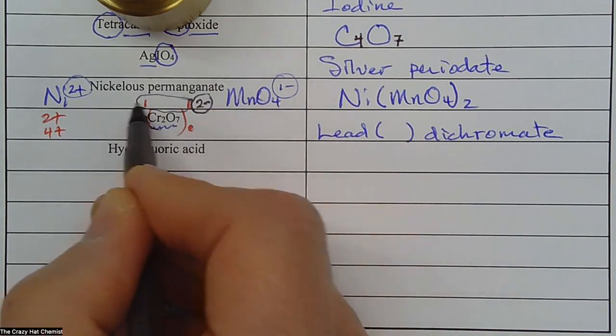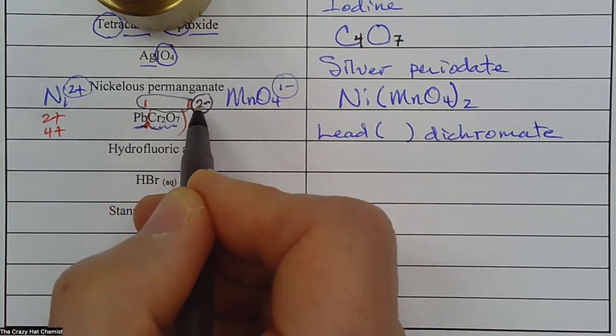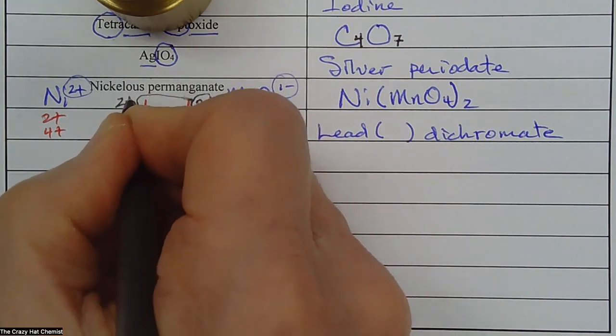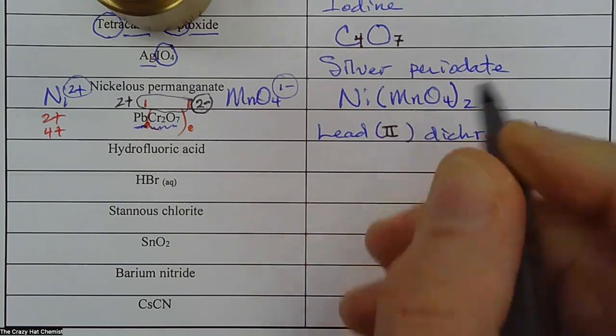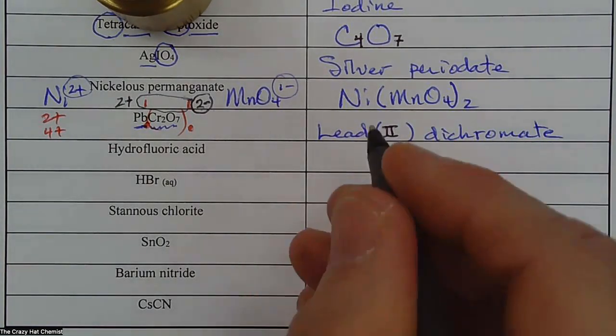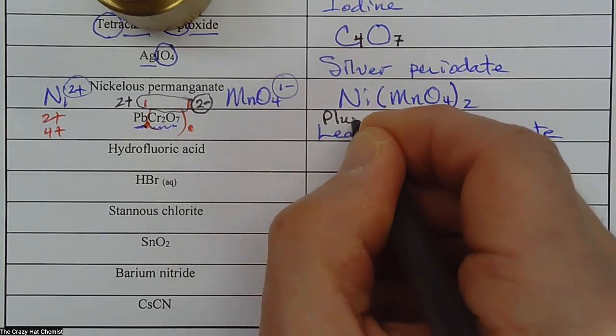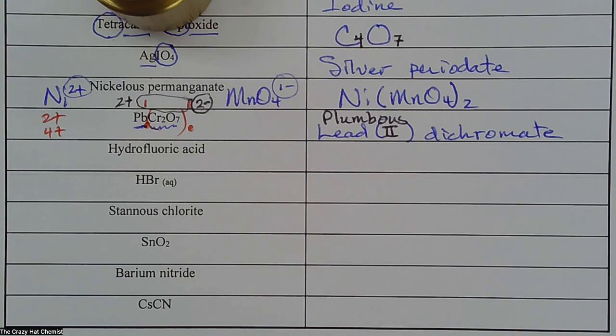So maintaining that 1-to-1 ratio and knowing that dichromate is a 2 minus charge, the lead must be a 2 plus. That gives me a 2 plus right here, and that's a Roman numeral 2. So it's lead(II) dichromate, otherwise known as plumbous dichromate. That would be the other way of doing that.